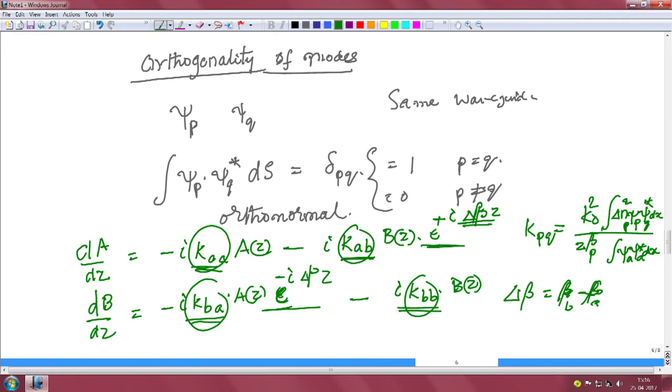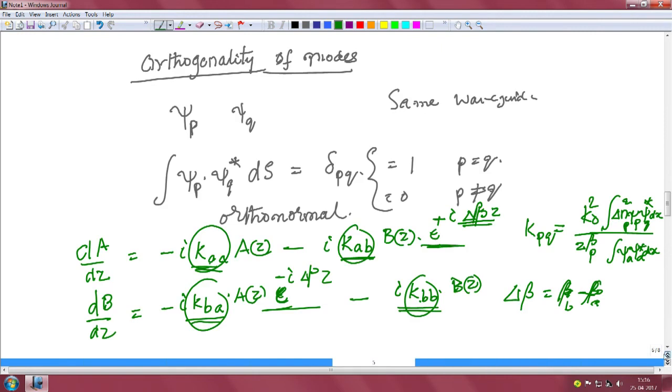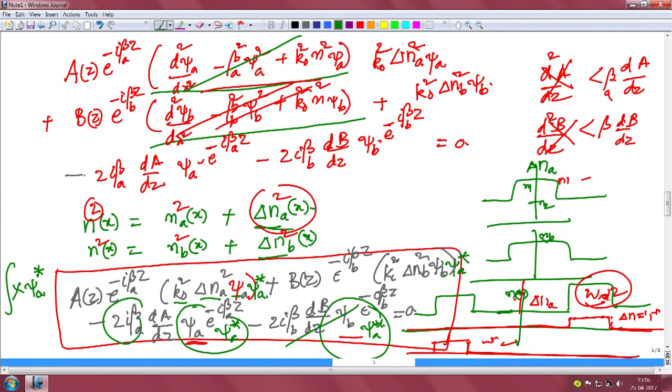Let us examine the nature of the constants KAA and KBB with respect to KBA and KAB. So, we have the delta as I described earlier. We are integrating over the region of perturbation only.